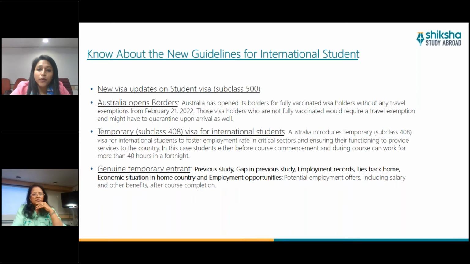In addition, there are a lot of other factors that can be added. For example, you might have dependents here, probably a spouse. So these are some areas of economic ties that you need to consider, which have to be really strong, to establish yourself as a genuine temporary entrant to the embassy.